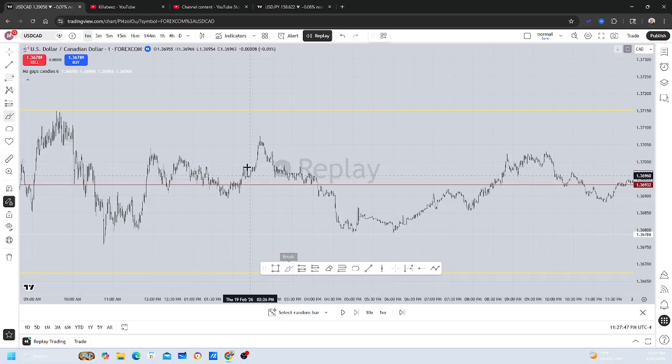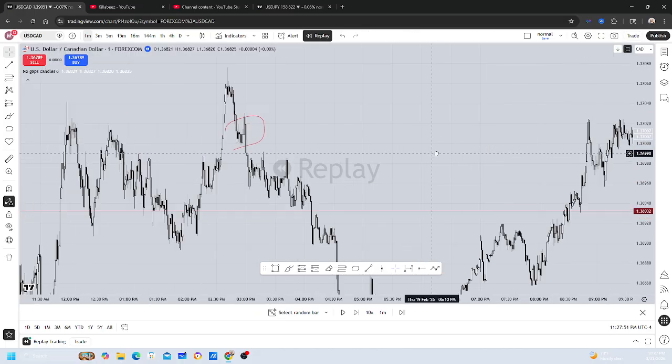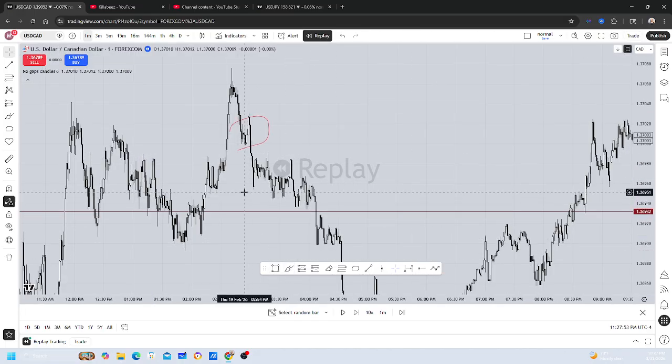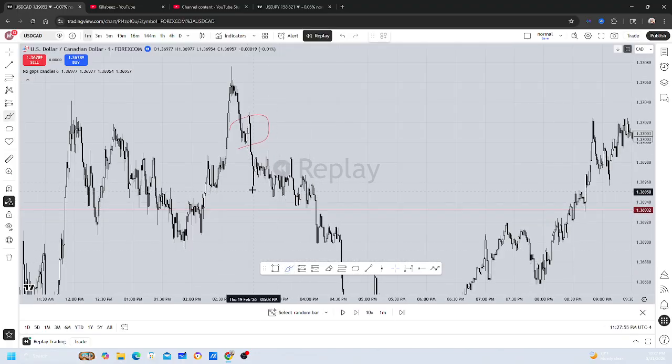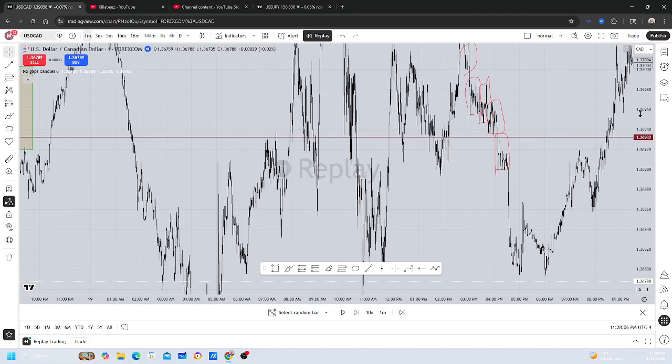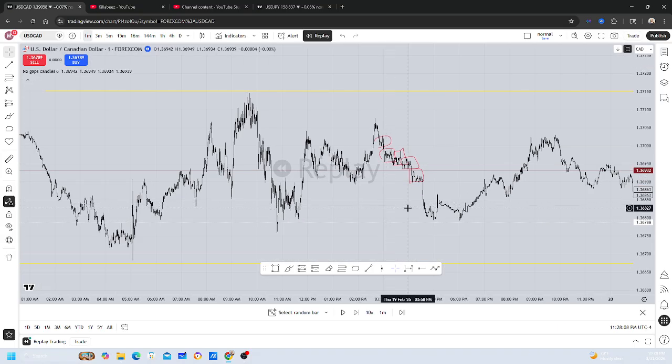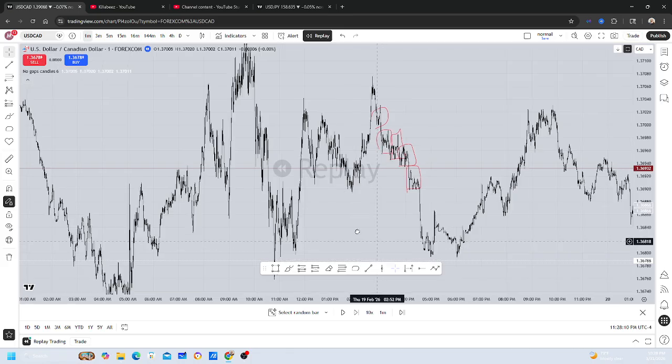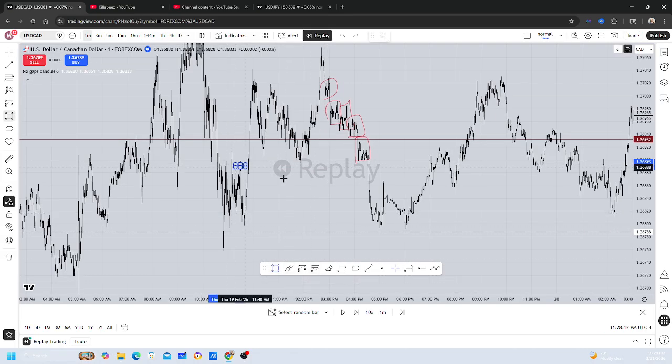So if that doesn't work out, fine. 1, 2, 3, 4, 5. We'll just wait till we go to the bottom of the range. We'll find a zone.